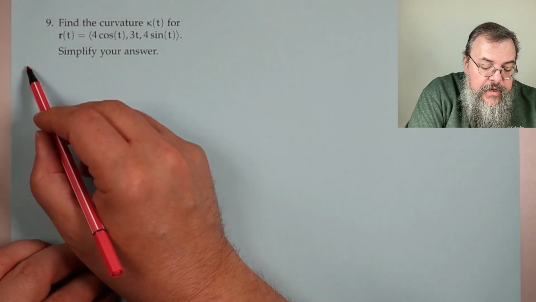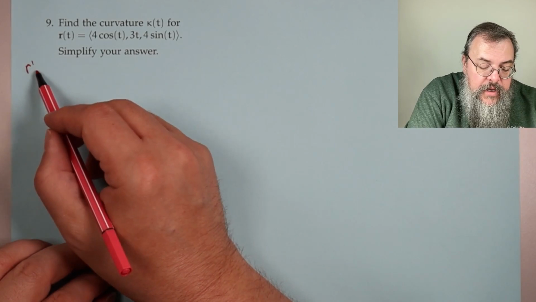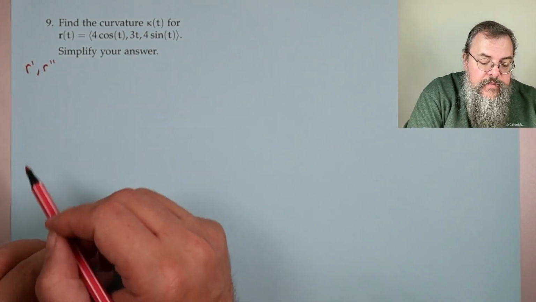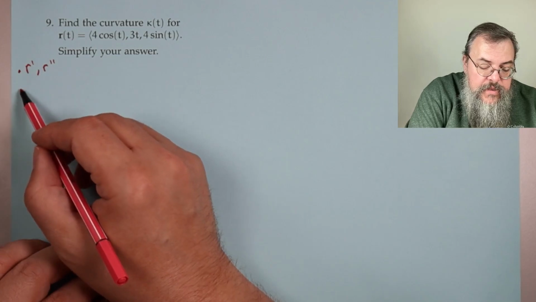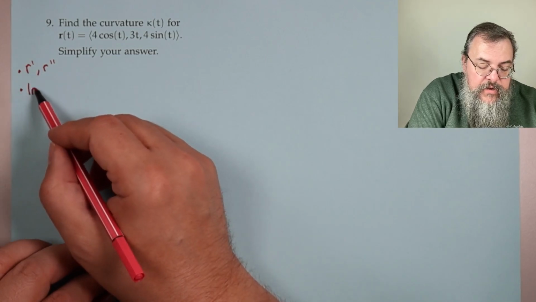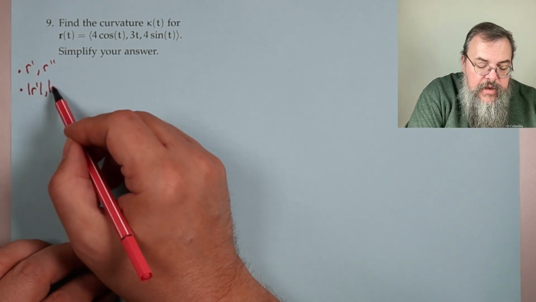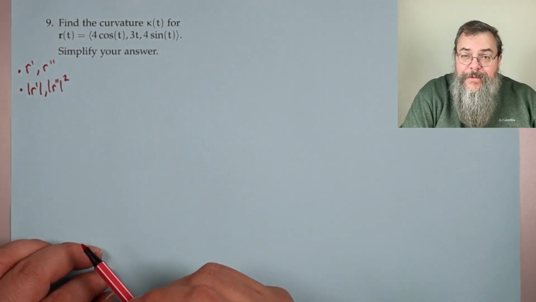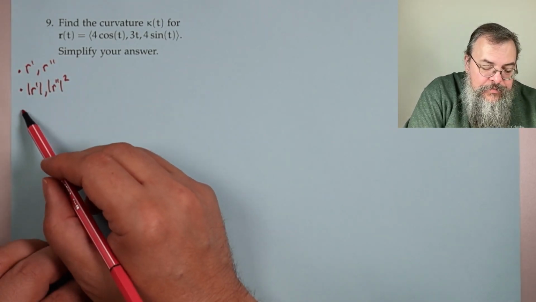You're going to find r prime, and might as well, while you're at it, find r double prime. That's step 1. Step 2, find the magnitude of r prime and the magnitude of r double prime squared. And we'll explain why in a second.